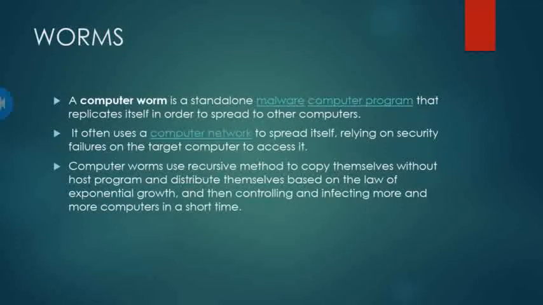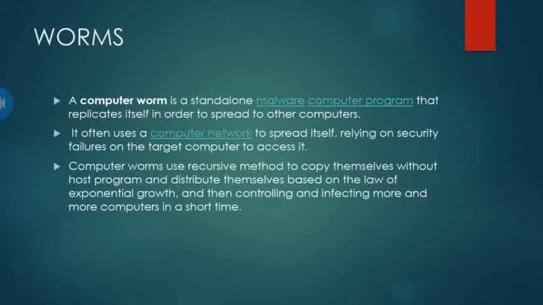So let's start with worms. What is a worm? A computer worm is a standalone program. Standalone program means it is a full-fledged program. It is standalone malware that replicates itself in order to spread to other computers.